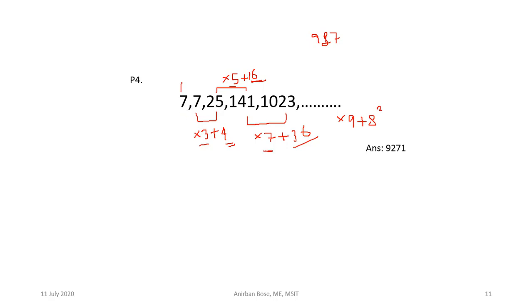For the first part, you just check whether it is matching or not. It is multiplied by 1 plus, here you see it is 8, then 6, then 4, then 2, then 0, plus 0 square. So the first part is also matching. So this will be the answer, 9271. You will get it by multiplying by 9 and adding 64.